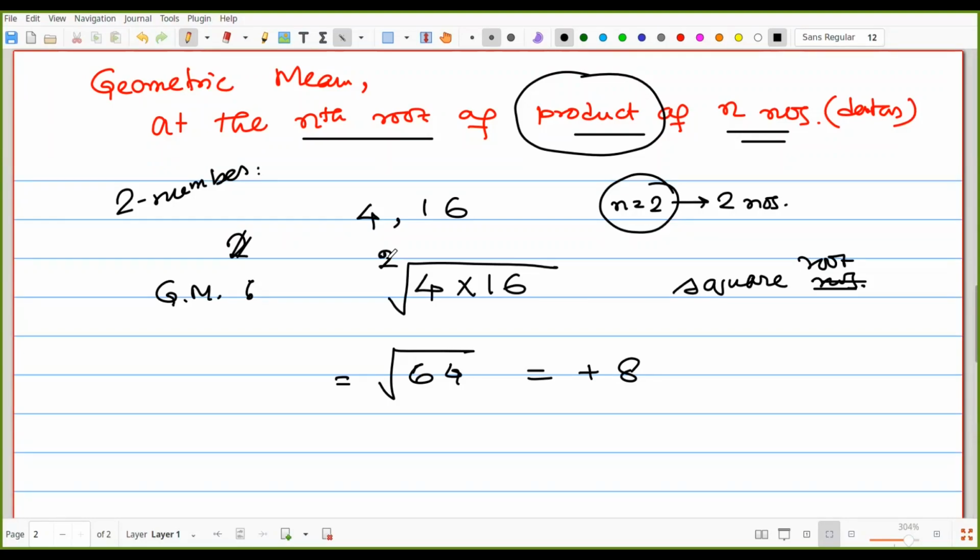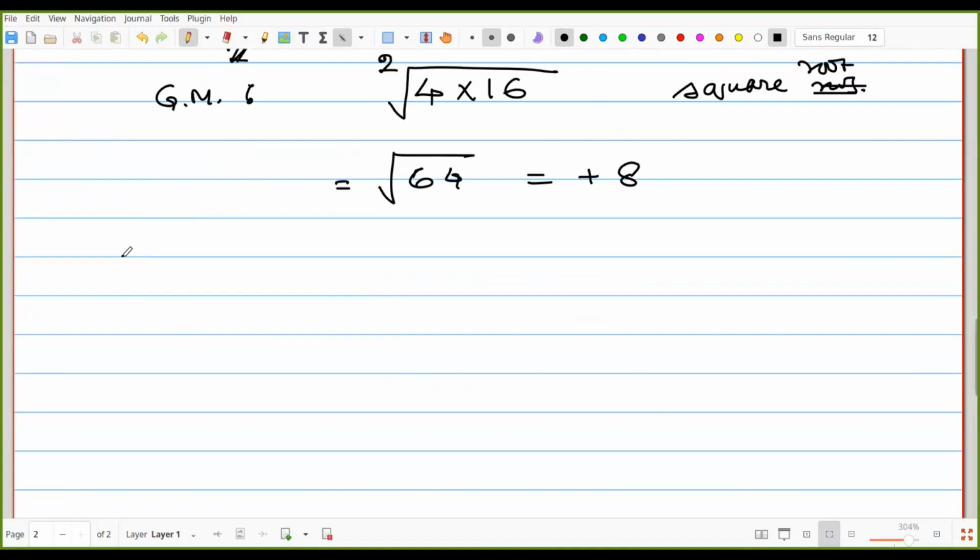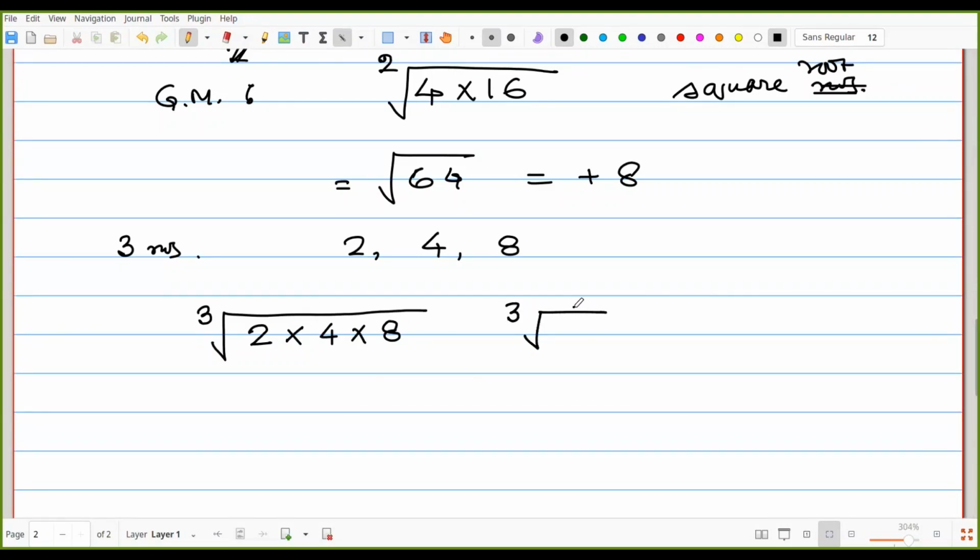Suppose there are three numbers, let those be 2, 4, 8. So when we have three numbers, that means we have to find out the cube root of 2 cross 4 cross 8. Now, you already know that the cube root of that particular number, that means 64.